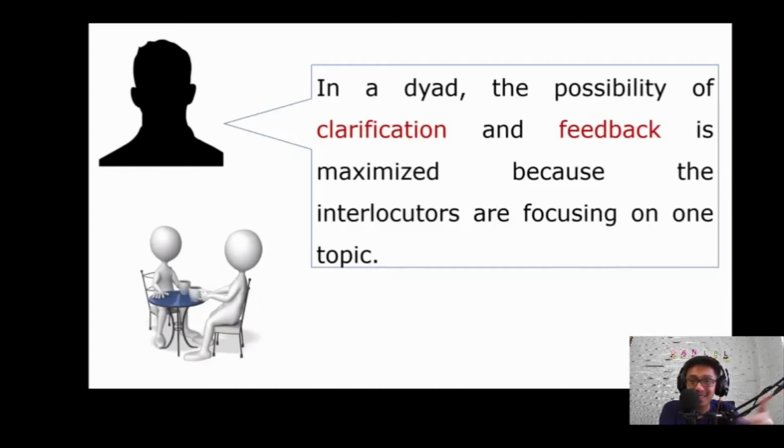Because anyway, no one will be able to interrupt the two of you talking, right? So you can freely talk to each other, you can clarify misconceptions, you can give feedback immediately. Okay, so that makes the communication easier for the two of you. This is mainly applicable to those people who are talking about serious matters, like best friends talking about their secrets. Okay, so you can clarify, you can give feedback, okay, and you are focused on one topic only.